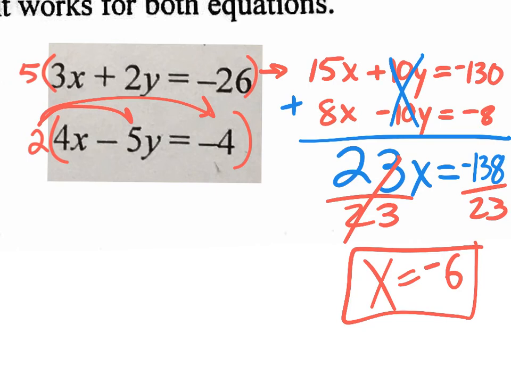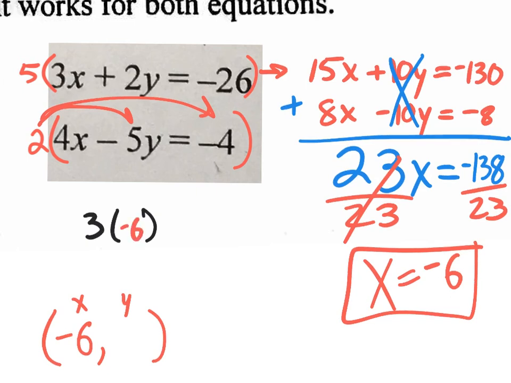That's one answer. Now remember, it's an actual coordinate that you need, an x value and a y value. We so far found the negative 6 being the x. Let's find the other one by plugging in the negative 6 for x. I want to go with the top equation this time. It says 3 times x, but of course we said x is negative 6, plus 2y, right? If I keep reading, plus 2y equals negative 26. Let me write that down. Plus 2y equals negative 26.